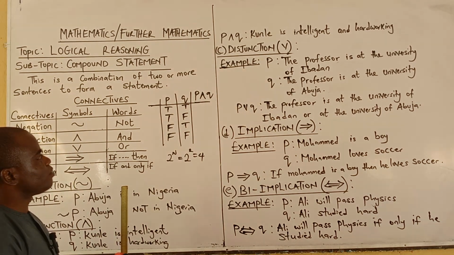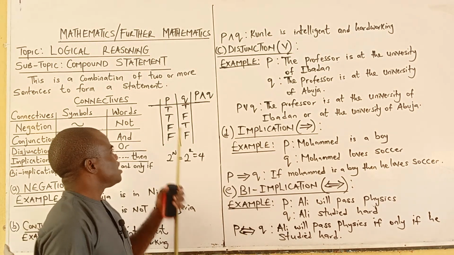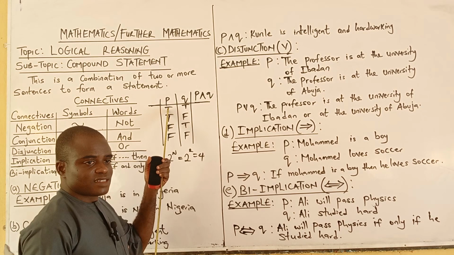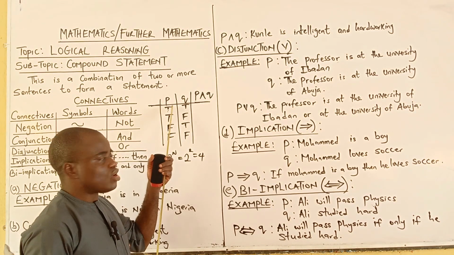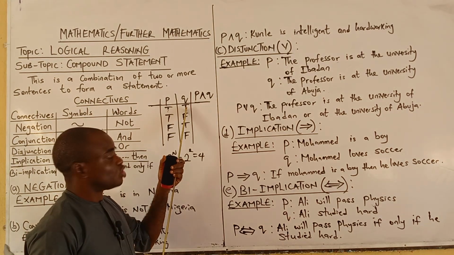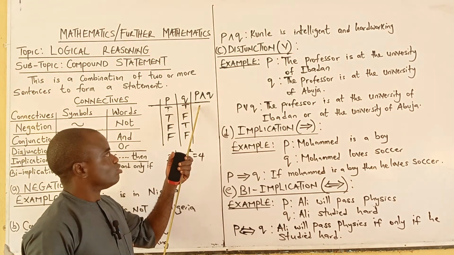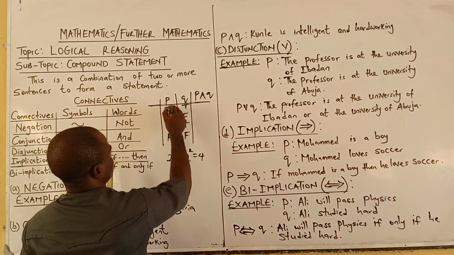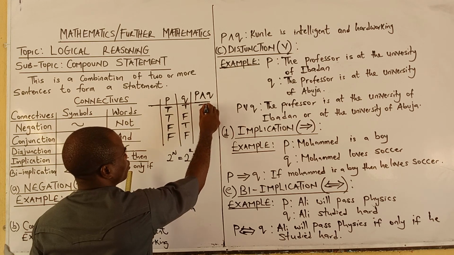And the condition says the statement is true if the antecedent, which is the first sentence, is true and the consequent, which is the second sentence, is true. The statement will be true. This is the column for the statement. These are the sentences. True, true gives us true. Otherwise, it is false.